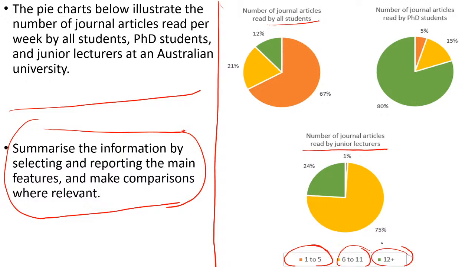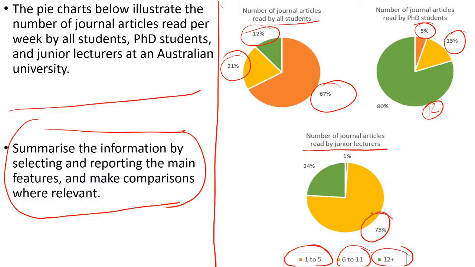So 67% is 1 to 5, 6 to 11 is 21%, and 12 plus is 12%. For PhD students, the 12 plus category is 80%, 6 to 11 is 15%, and 1 to 5 is 5%. Further, 75% is the least one, which is the 1 to 5, and 12 plus is 25%.